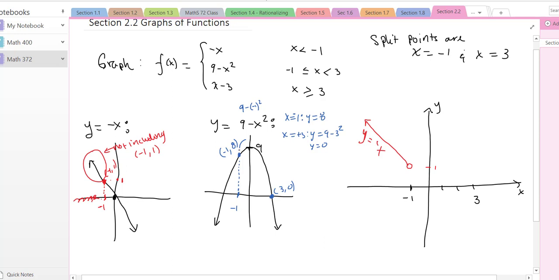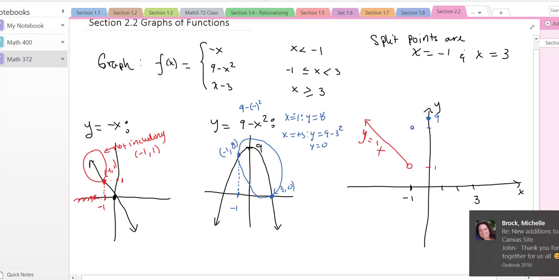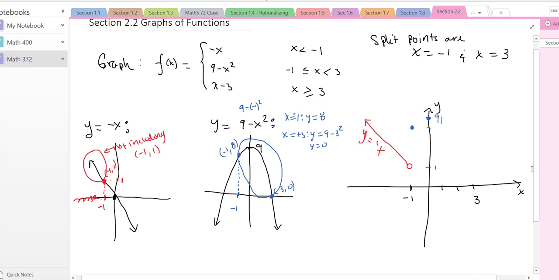So that means that for the middle piece, I want this part of the graph. If you're comfortable, you can go over to the main graph and draw it. At -1, it's 8, included. And sorry, I have my email on here.